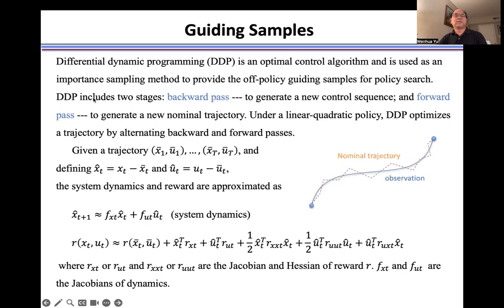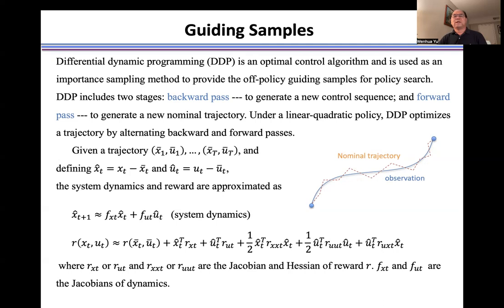Usually, DDP includes 2 stages. One is a backward pass to generate a new control sequence, and a forward pass to generate a new nominal trajectory.